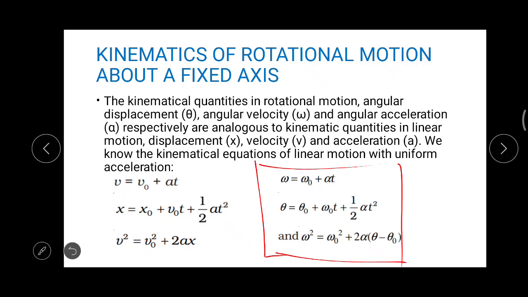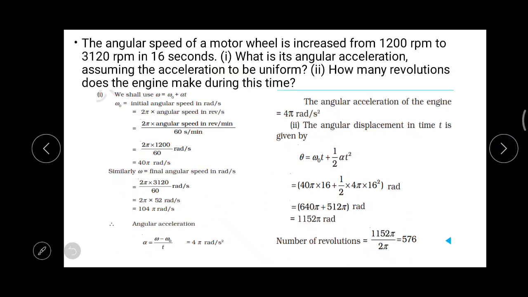Okay. Now one example question on the basis of these equations, we will discuss. The question is that the angular speed of a motor wheel is increased from 1200 rpm, where rpm is revolutions per minute, the number of rotations per minute.